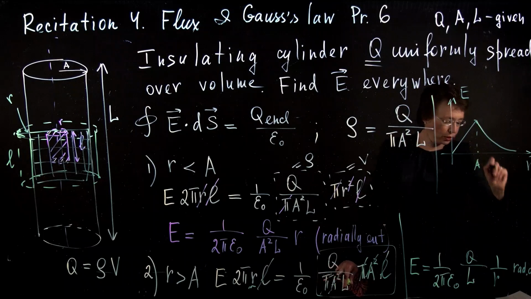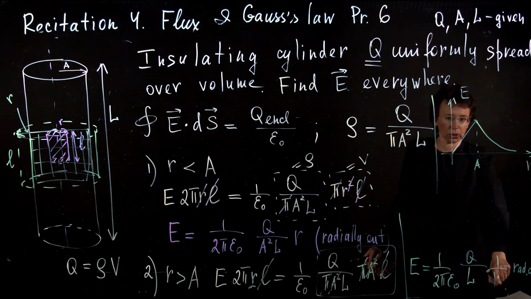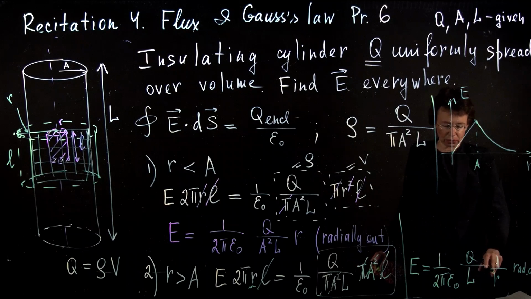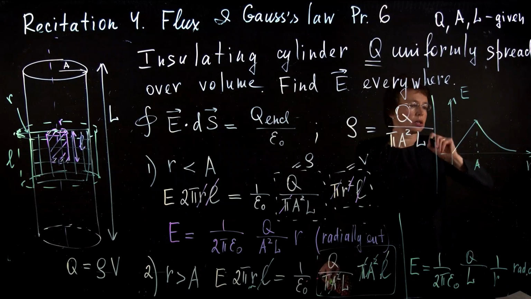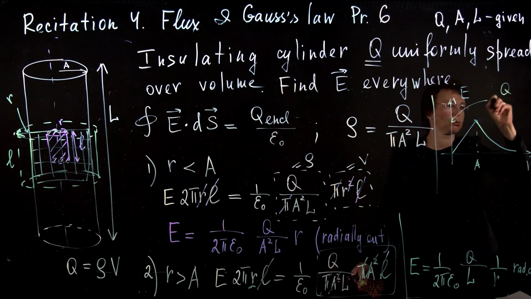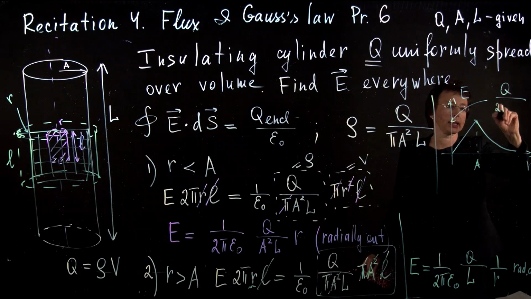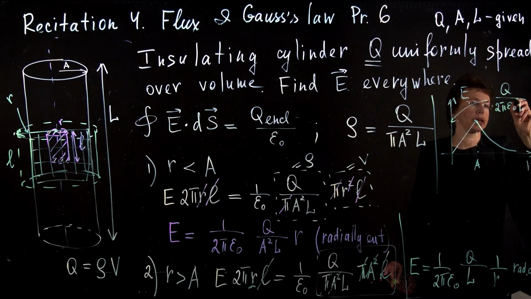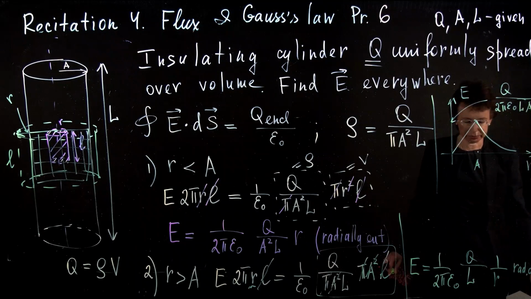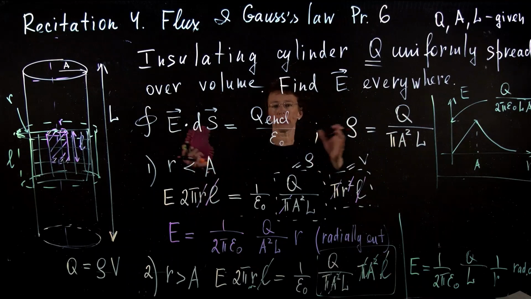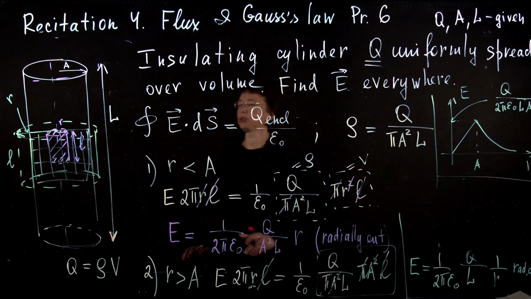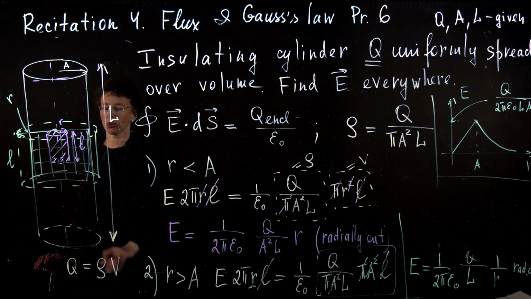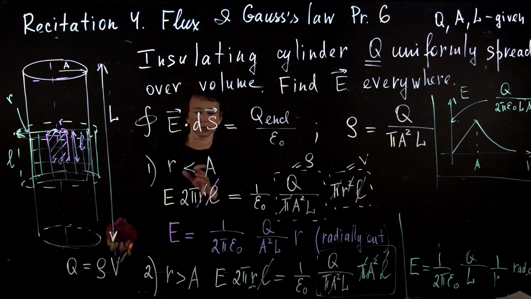And at this point, when little r is equal to A, the magnitude of the electric field is Q divided by 2 pi epsilon naught L A. We found the electric field created by this uniform distribution of charge within the cylinder of radius A and length L. We found it everywhere.